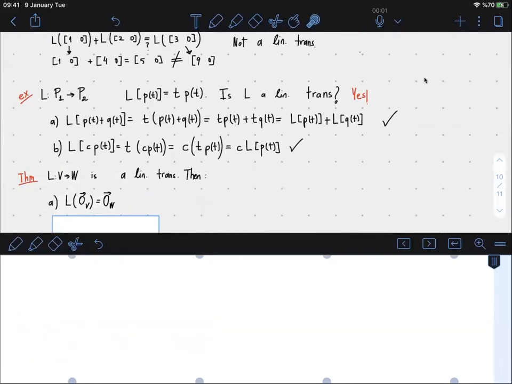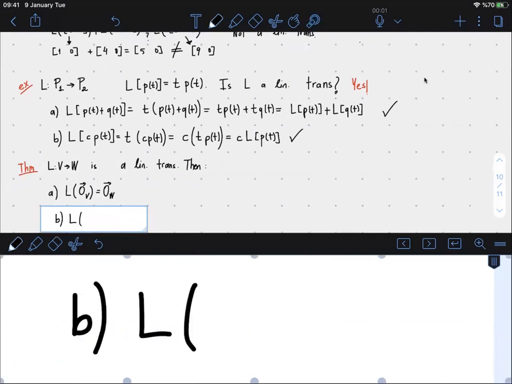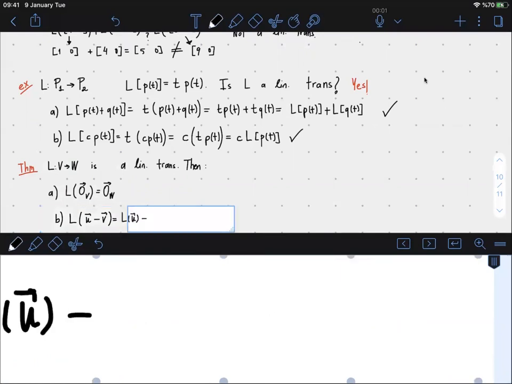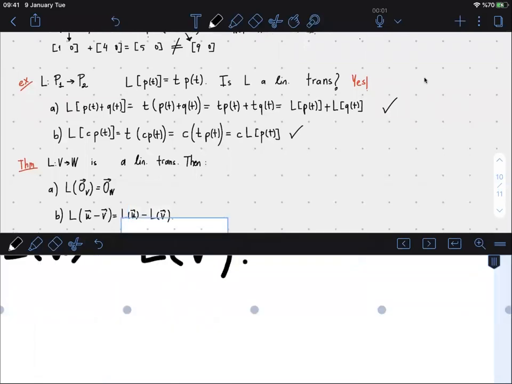And the second thing is also straightforward: if I consider the difference between two vectors, then the property of linear transformation extends to the difference. So both of these conditions are very easy to prove.